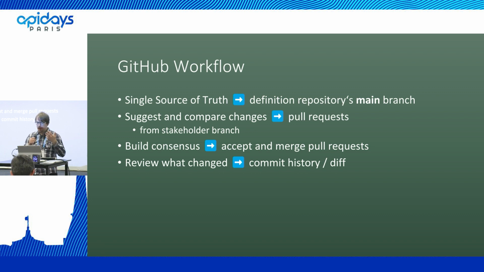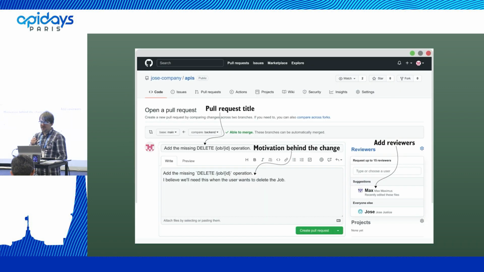And then you can make these pull requests. And you can build consensus by accepting and merging pull requests. I will talk about this in a moment. And through the commit history and by seeing the diffs, you can see how your API design evolves, and everybody can be on the same page.